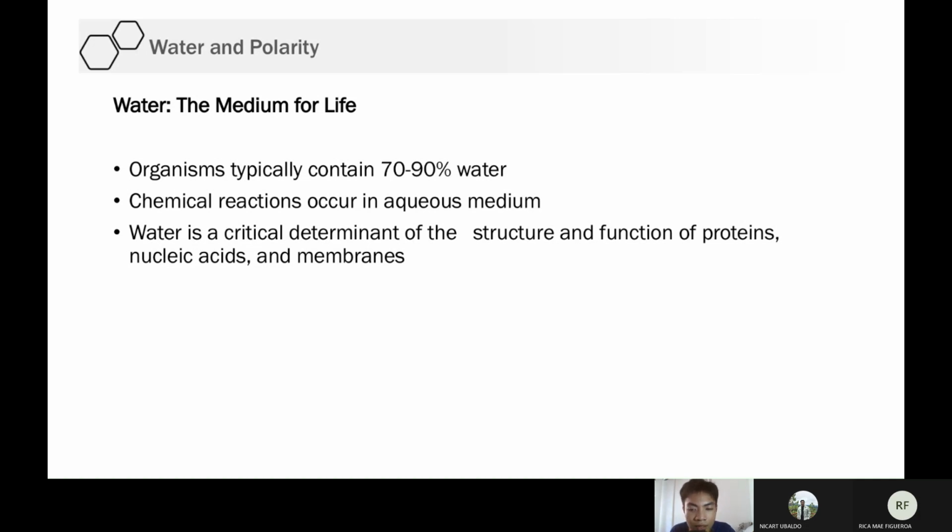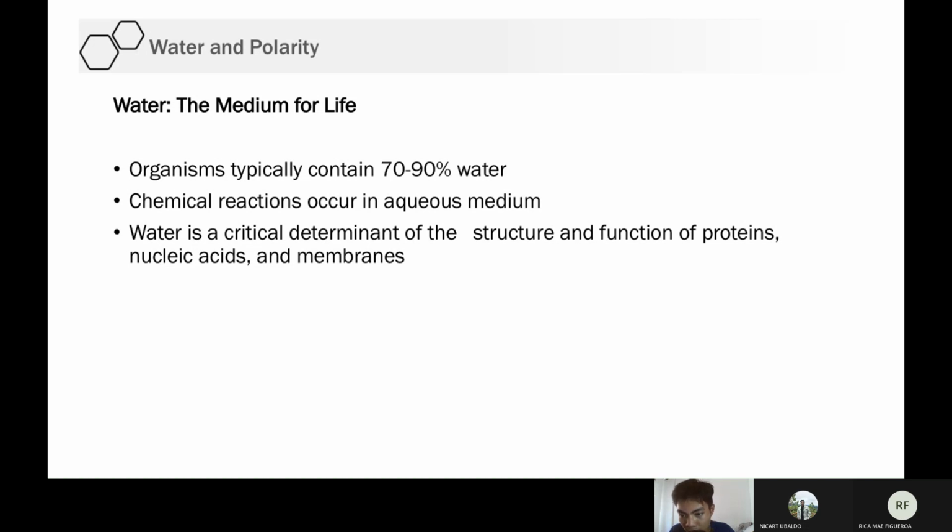Okay? Ang importance ng water sa biochemistry is that water can determine kung ano yung magiging function at structure ng protein, nucleic acid, and membranes. Because of the intermolecular forces na ini-exhibit ng mga molecules, our protein will have its shape when exposed with water. So magkakaroon tayo ng mga shape ng biomolecules because of water.